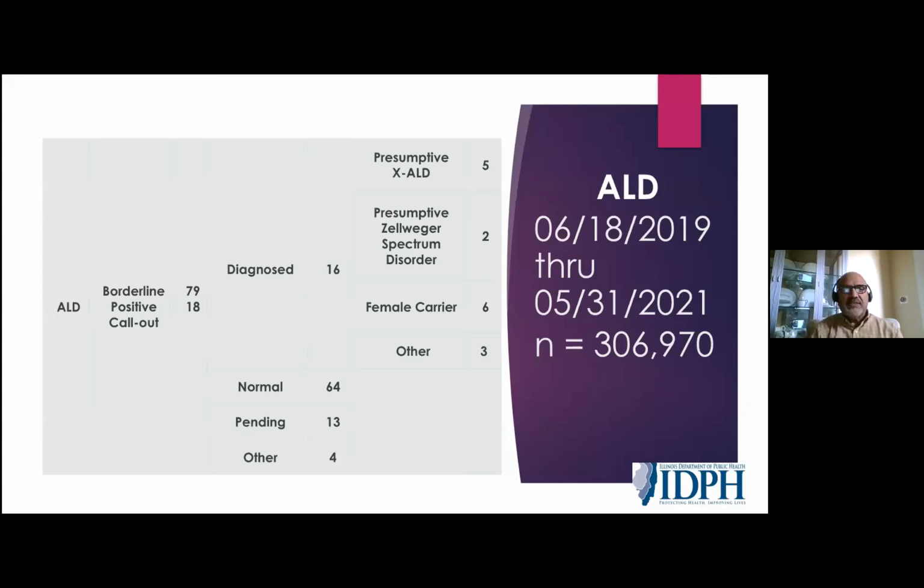Out of these cases, 16 were diagnosed: 5 are presumptive X-ALD, 2 were suspected Zellweger spectrum disorder, 6 are female carriers, and 3 belong to other categories. Out of these 96 abnormal call-outs, 64 are resolved and there are still 13 results pending.